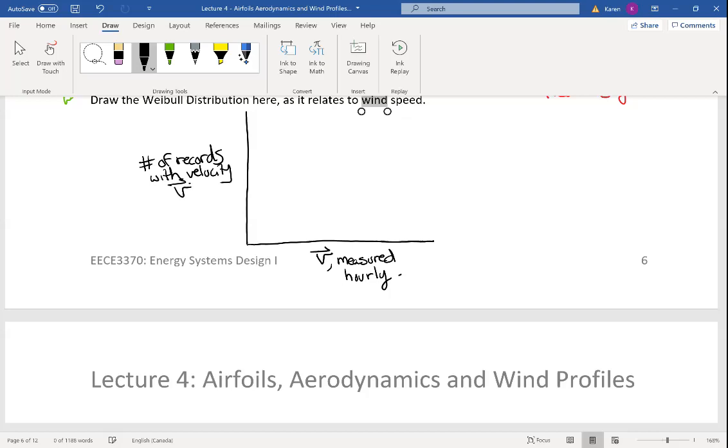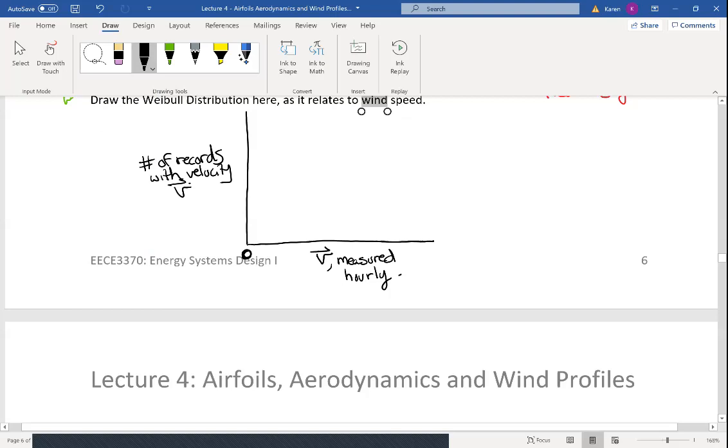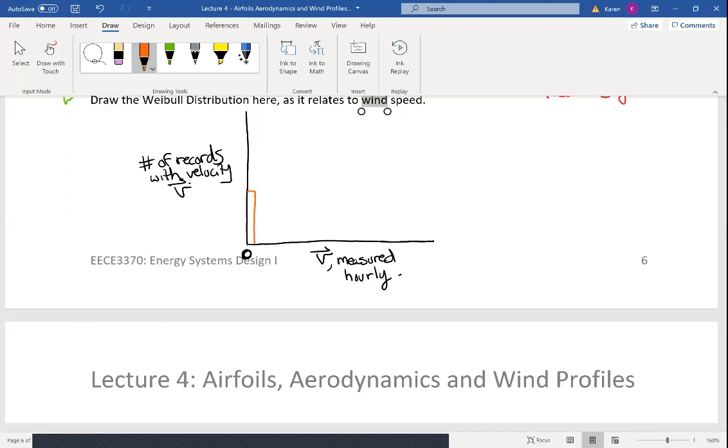So let's look at the velocity of 0. Let's look at this as 0. And the number of records with a velocity of 0 is actually around about 500. I'm going to make this chart go to 2,000 records.